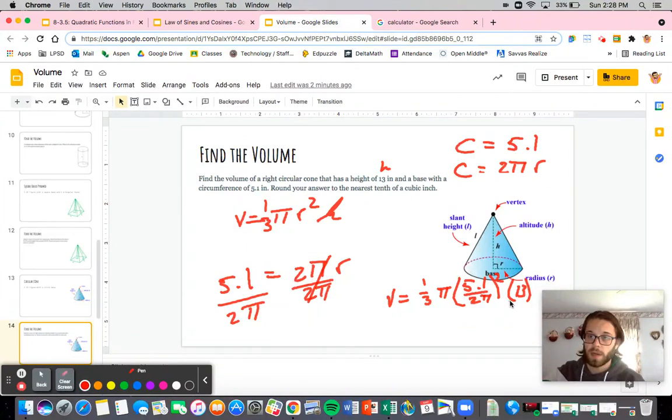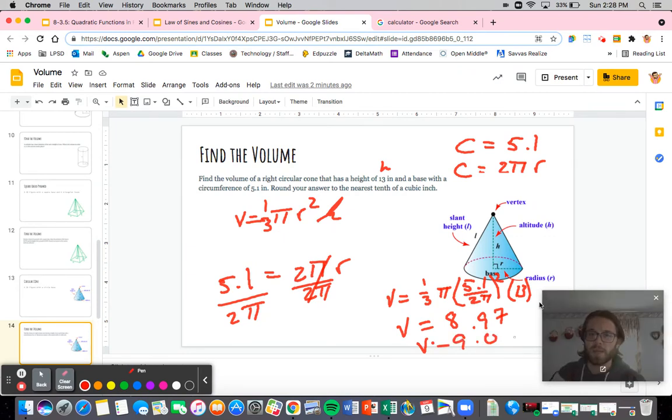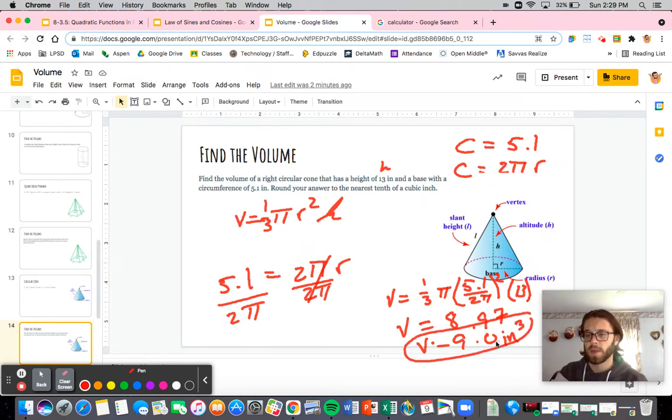All right, and when that all comes down and is simplified out, you end up getting 8.97, which rounds to 9.0. So do be careful with those. I am going to tell you that this one's going to be probably pretty finicky with your rounding, but you just need to be careful with that, all right?